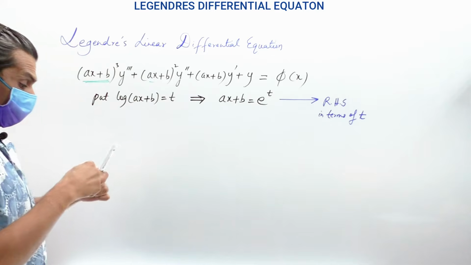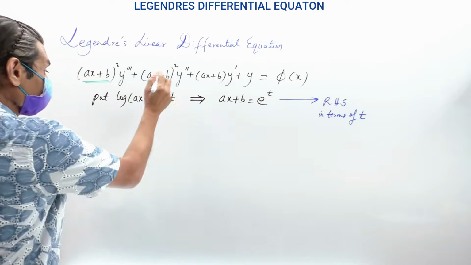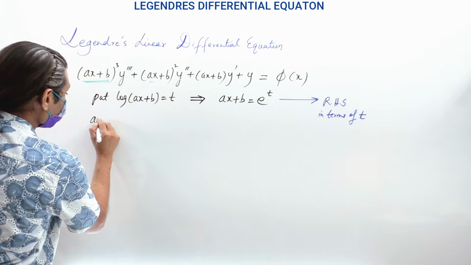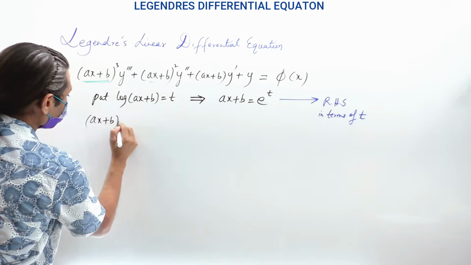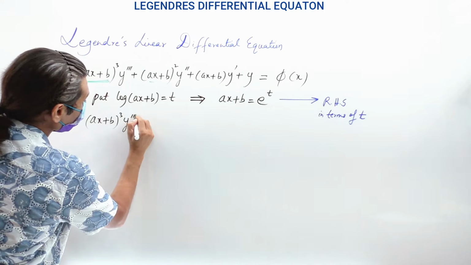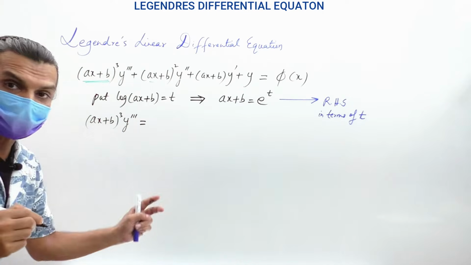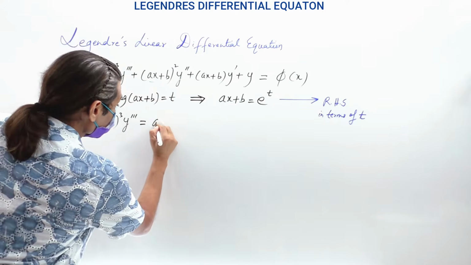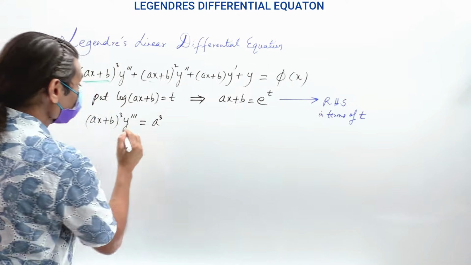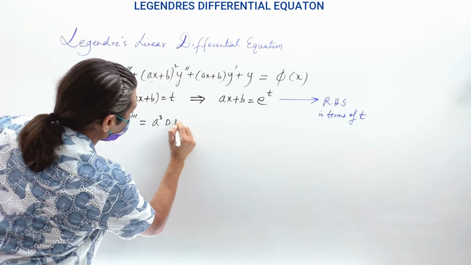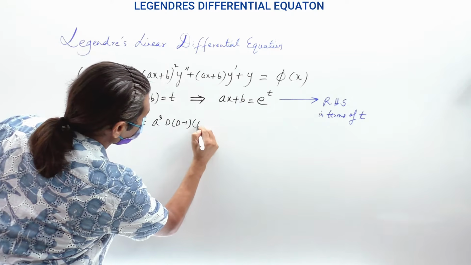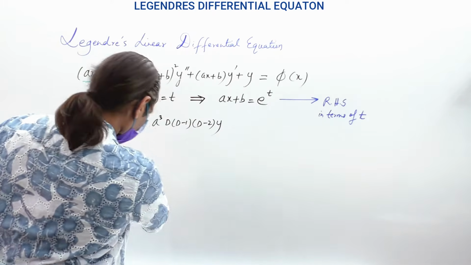Okay. Now when the RHS is in terms of t, then (ax plus b) the whole cube into y triple dash is simply written as a cube into d into d minus 1 into d minus 2 into y.